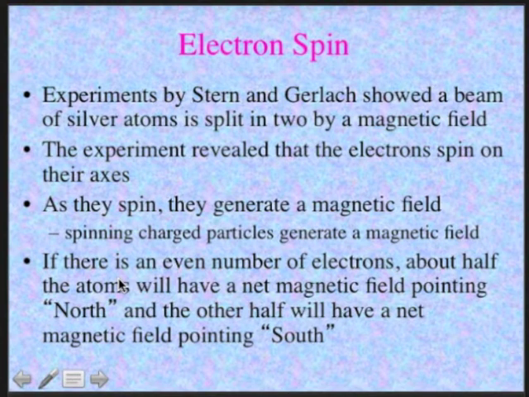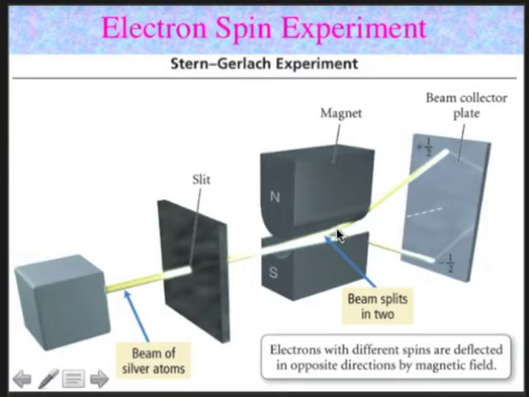And as they spin, they generate a magnetic field, because spinning charged particles generate a magnetic field. Now, because electrons with different spins are deflected in opposite directions, the beam was split in two, with part of the beam going to the top of the collector plate and the other half going to the bottom of the collector plate.